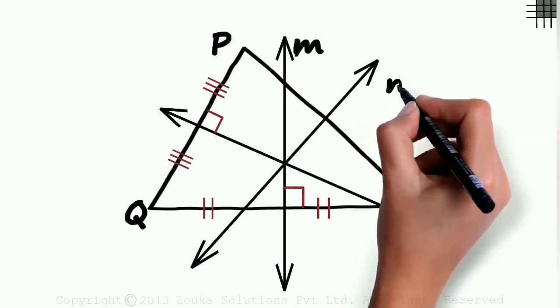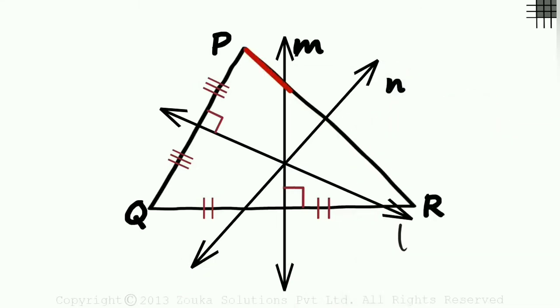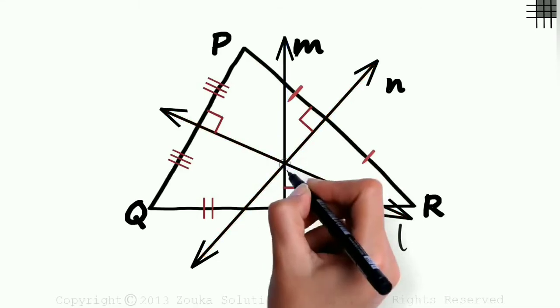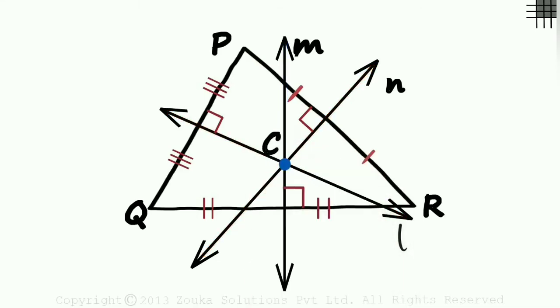Let line N be the perpendicular bisector of segment PR, and yes, it passes through the same point. This side will equal this side and line N will be perpendicular to PR. So even the perpendicular bisectors of the triangle meet at point C, one single point.